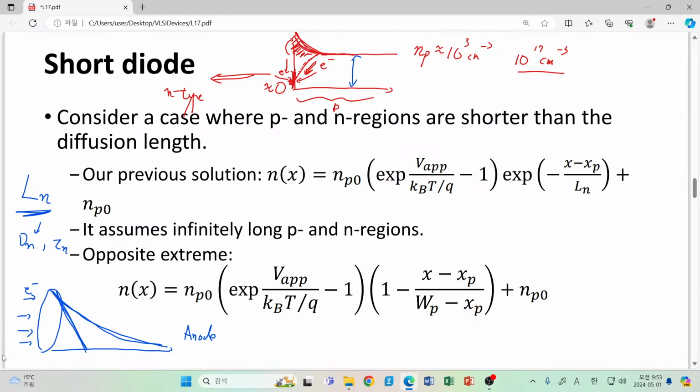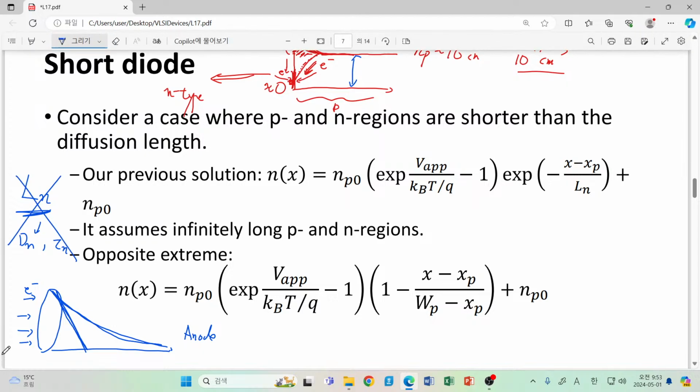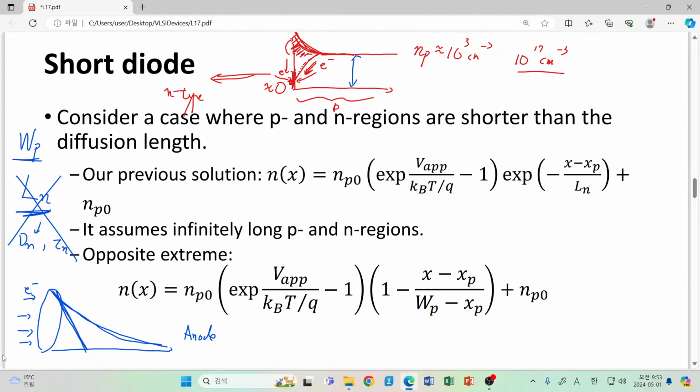The important length scale has now changed. Previously the important length scale was the electron diffusion length, related to the diffusion constant of our electrons and tau n, the minority lifetime. However, in this opposite case, recombination does not play any significant role. Instead, the important one becomes just the physical width of your p-type region. So if you make it short, you will have higher current.